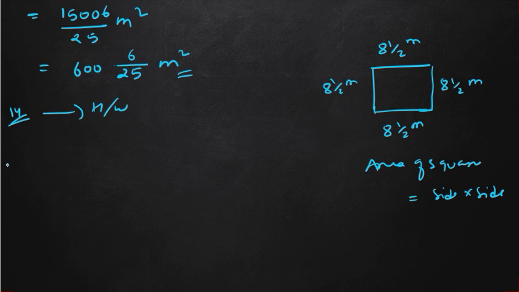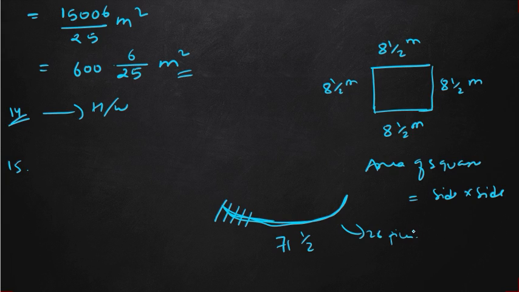Number 15. A cord of length 71 1/2 has been cut into 26 pieces of equal length. Suppose we have one cord, and the total length of this cord was 71 1/2. The unit is not given, it may be meter or centimeter, and it has been cut into 26 small pieces of equal length.